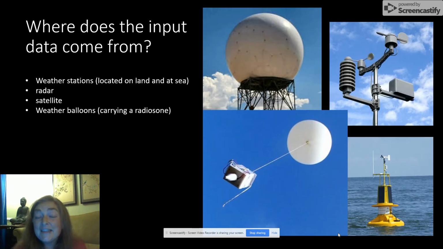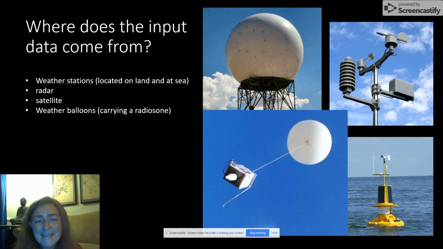And so, where do we get this data from, even? There are multiple sources. The most common ones I've listed here are the weather stations, the land weather stations, such as what you see right here. This is a buoy or an ocean weather station right here. We get it from satellites. Satellites are orbiting the Earth at a very high altitude.